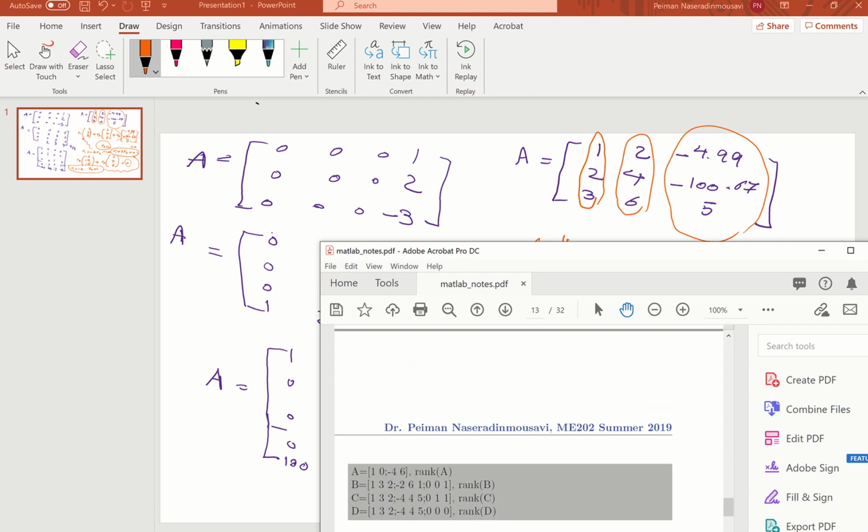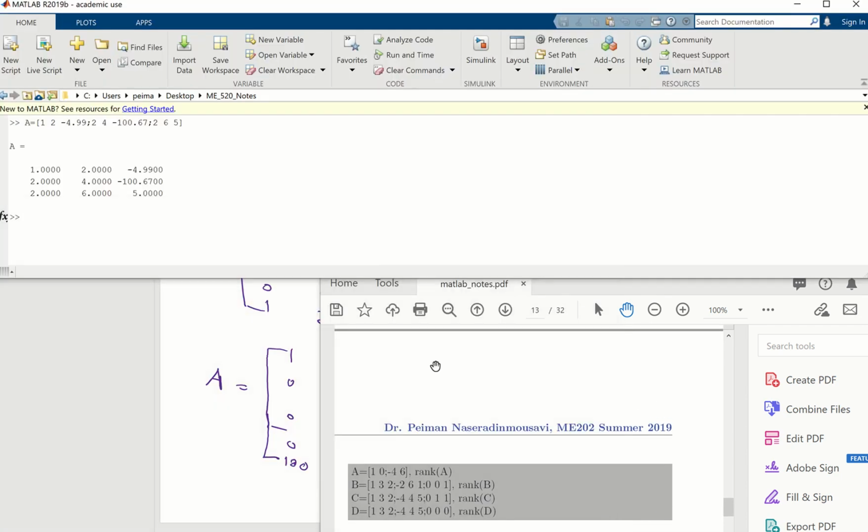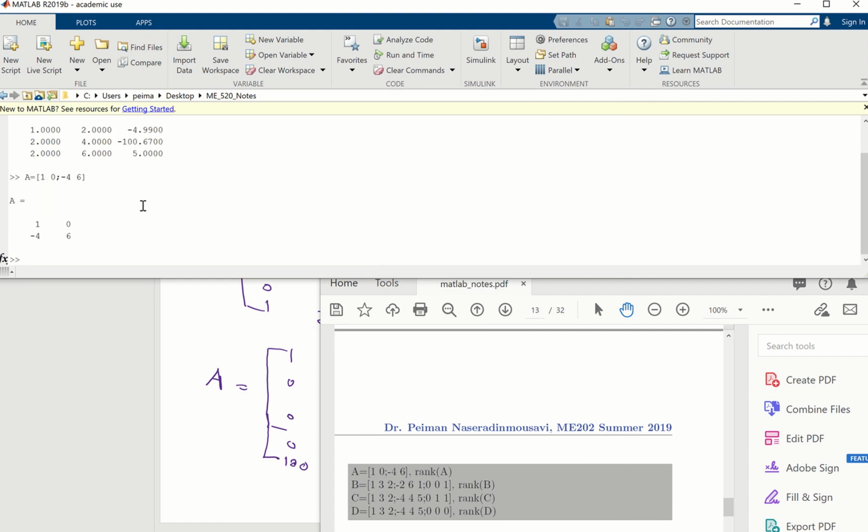But let's do that together. Here we go. Say your A is [1, 0; -4, 6, 0] matrix. So I say what is rank of A?